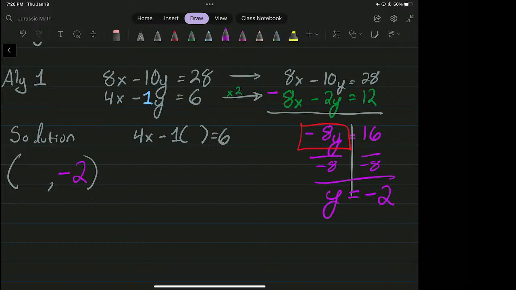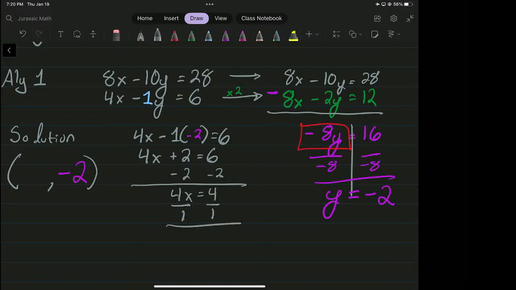So I'm going to plug -2 in. And now I do order of operations followed by house method. So order of operations says to multiply. -1 times a -2 is a +2 equals 6. I'm going to subtract 2. Get 4x equals 4. Divide by 1. And I'm going to get x equals 4.